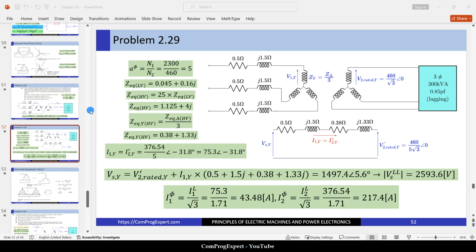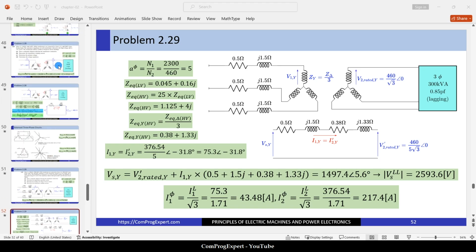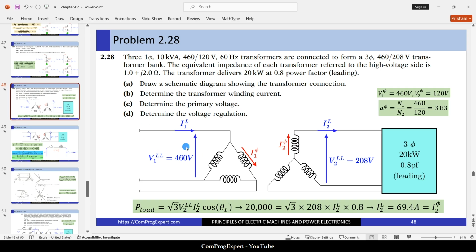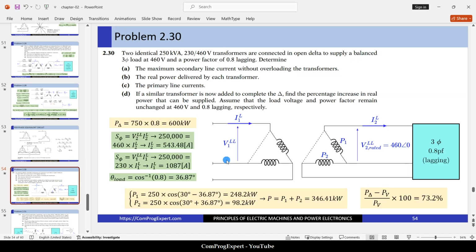Okay, so before going for the next problem, let's do a few simulations in ANSYS Simplorer software to learn these concepts better. I'm going to do a few simulations considering this problem, the next one, and the V connection that we discussed here.